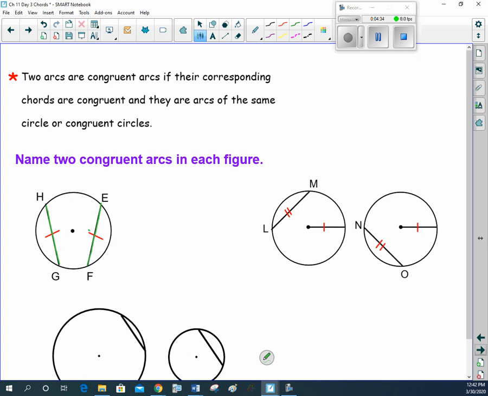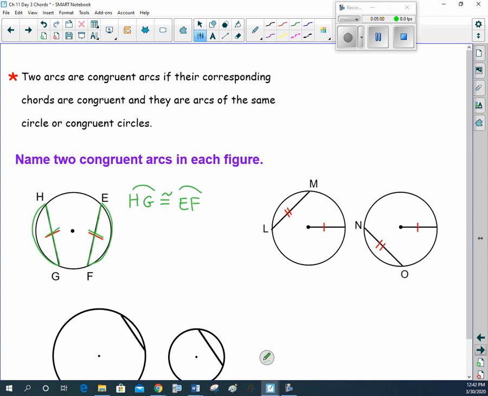They're marked congruent with that one red slash. So then that means in this picture, since they're in the same picture, that arc HG is congruent to arc EF, that one. They're in the same circle, those arcs are congruent.